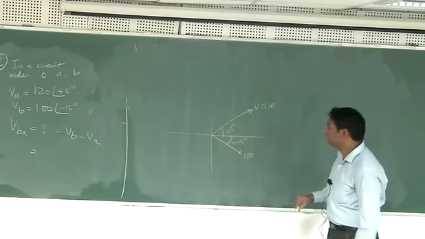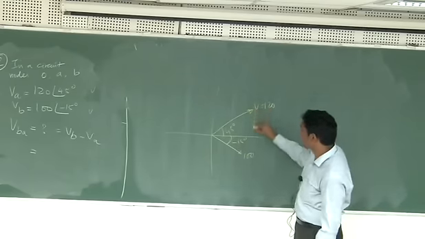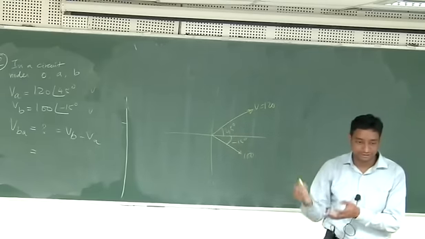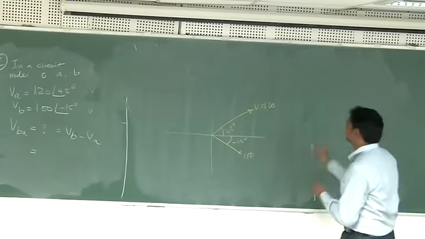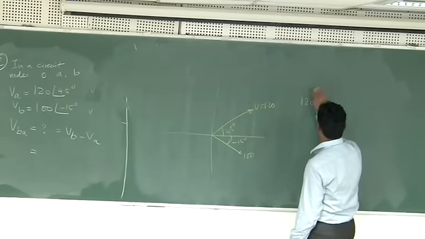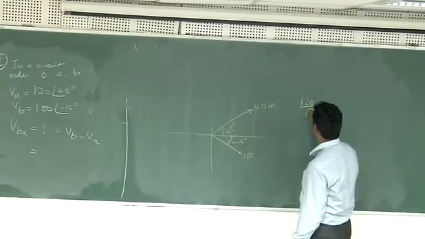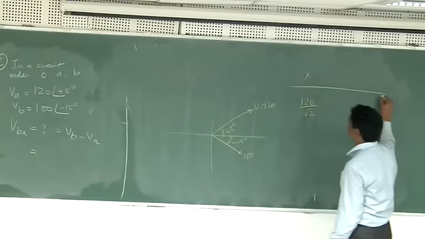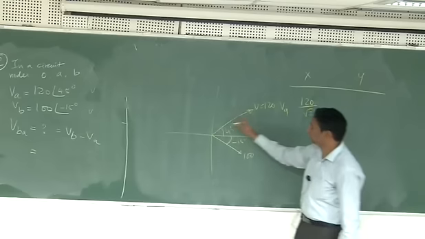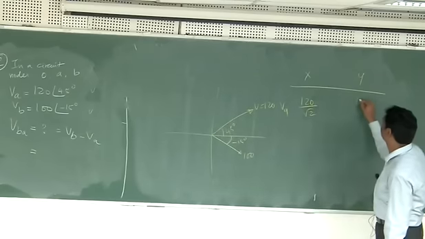Okay. So for the first one, what is the x-axis? 120 into cos 45, which is 120 into 0.707. So 120 into 1 by root 2. So this is the x-axis for VA, and what is the y-axis for VA? Same. So 120 by root 2.